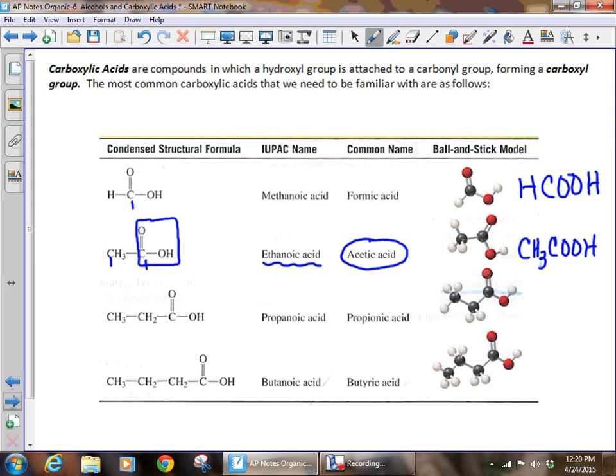Propanoic acid, there's a couple of ways that you'll see it written. It could be written CH3CH2COOH, or you might see it written as C2H5COOH.